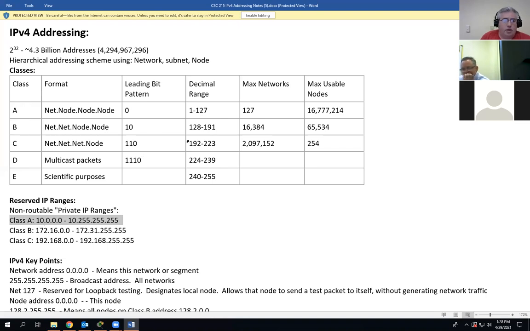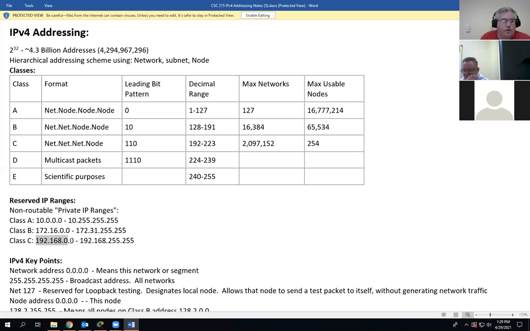And then Class B is 128 through 191 for the first octet. A Class B address only uses the first 2 octets, though, but the first decimal range here is where it begins. And then same thing with Class C, except the first 3 octets are a Class C address.